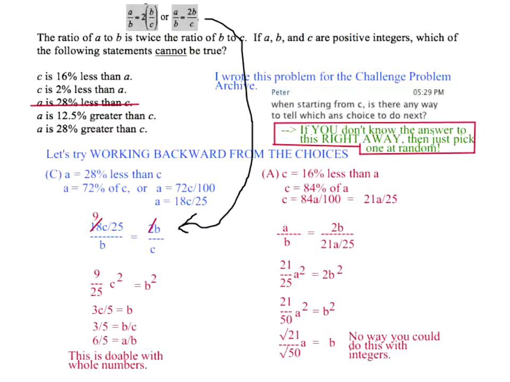We're done. We solved it, right? Because this is impossible with integers. So if you're asking what's the answer to the problem, the answer is the first choice. Because you can't have integers that are rad 21 over rad 50 times another integer. But for the other solutions with algebra and whatnot, that'll be in the challenge archive in a second.